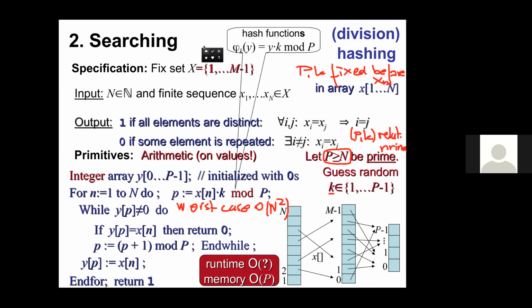So what is the complexity? You get a complexity n from this loop, let's say when all xn are distinct. But how long does this loop take? What does this loop do?